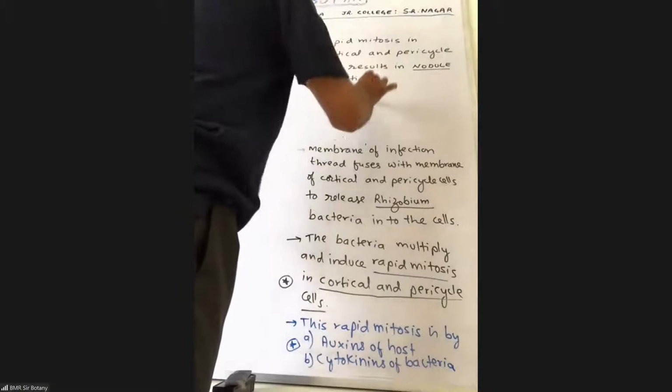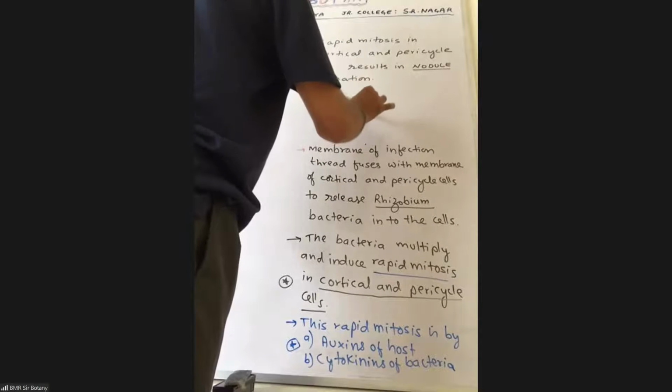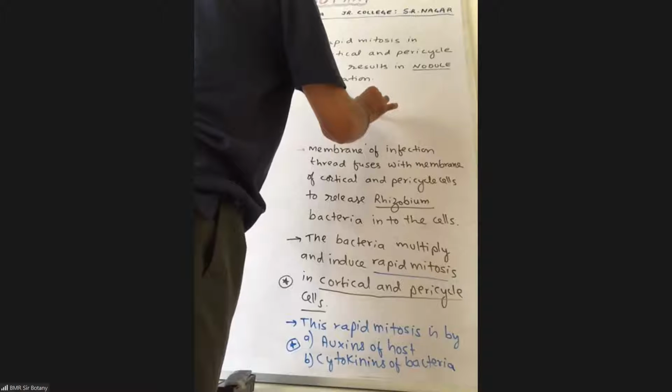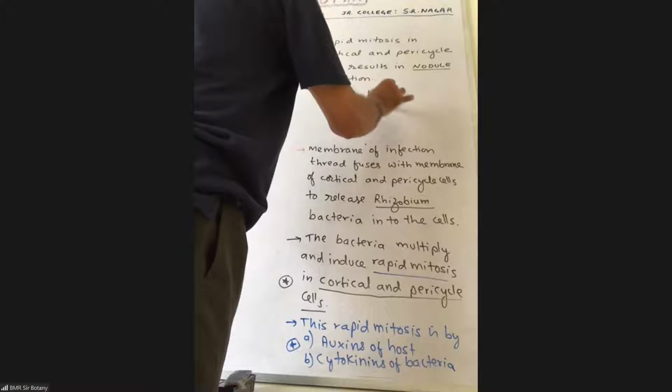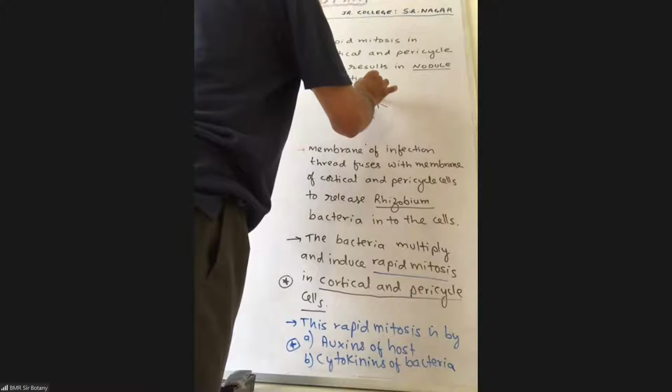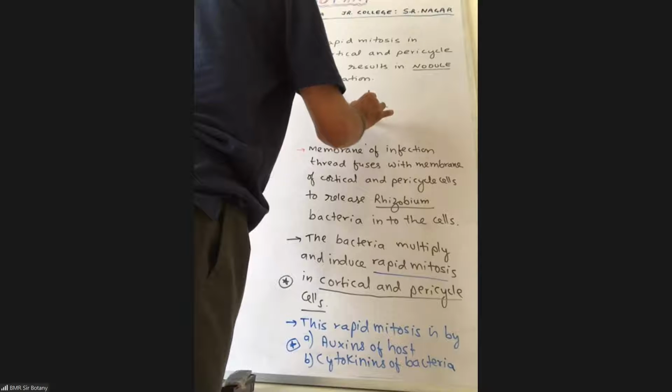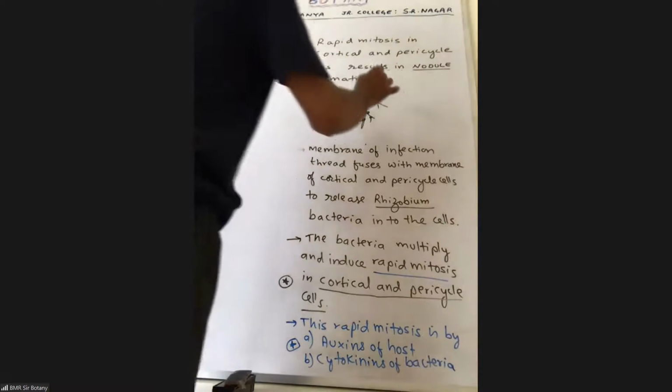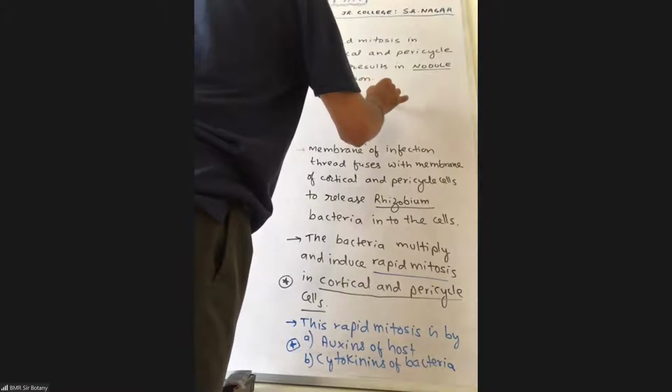At this stage, if you see the root system, you see them more in the branched areas. So these are root nodules.